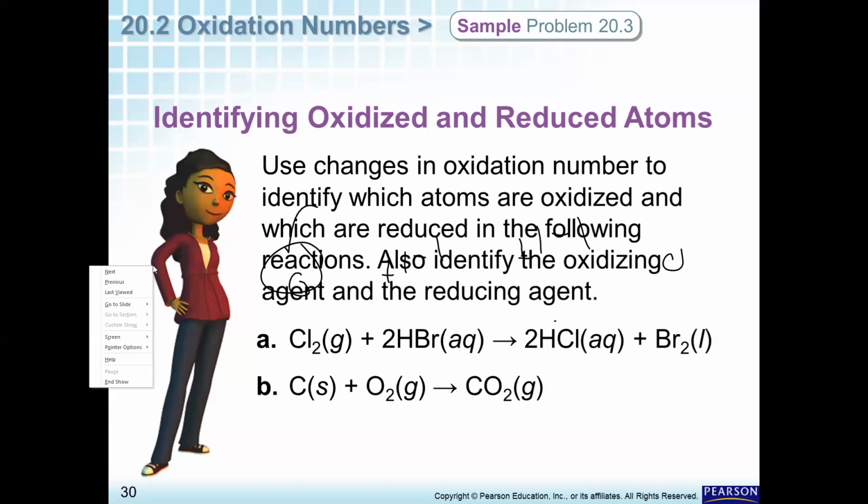But this is 0, not something else. I'm not going to say F2 or O2 is negative 2. It is an element. It is not a compound.